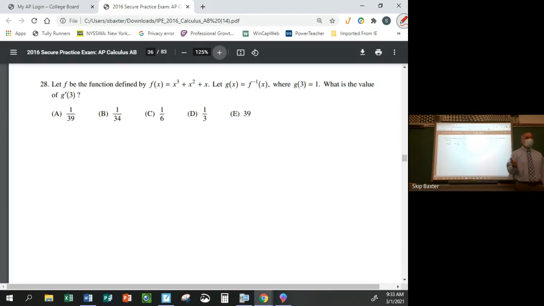Anybody get something other than C? I got D. You got D? All right, let's take a vote.